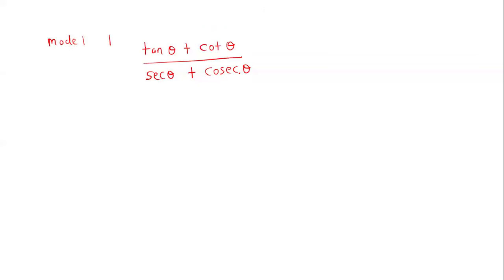When you look at the second model that we want to show, that model has sines and cosines. That means whatever we have here, we must write in terms of sines and cosines. So you start slowly. Tan is the same as sine theta out of cos of theta, plus cot is cos out of sine of theta.